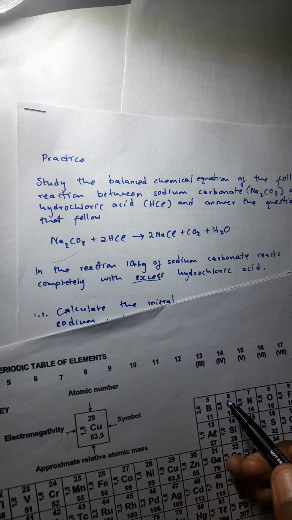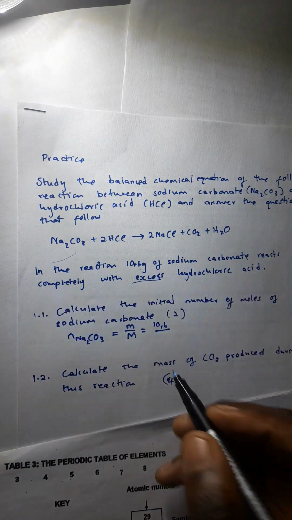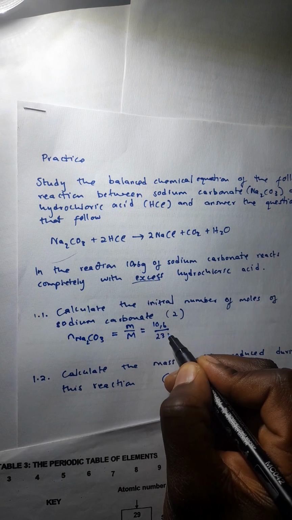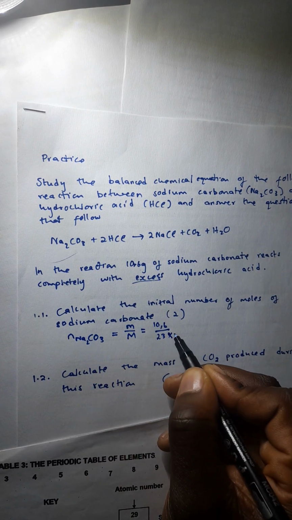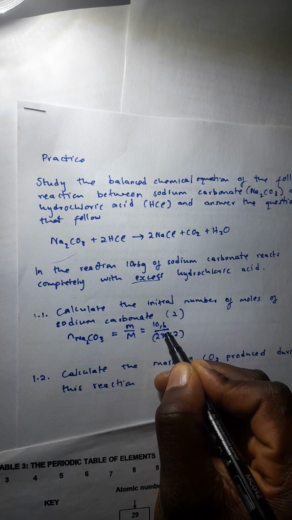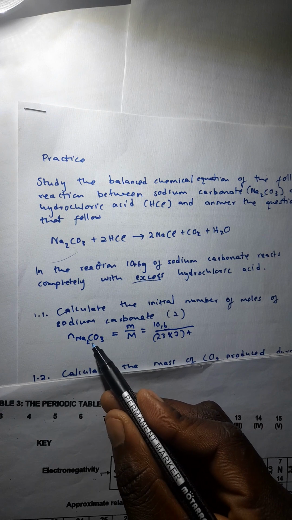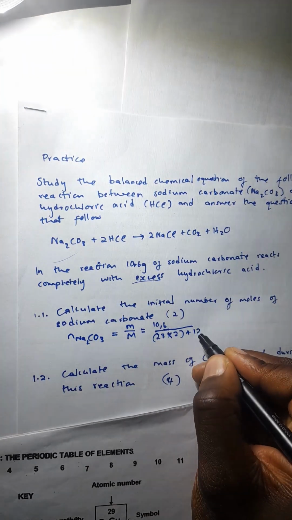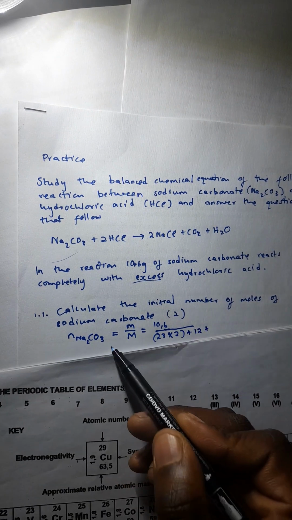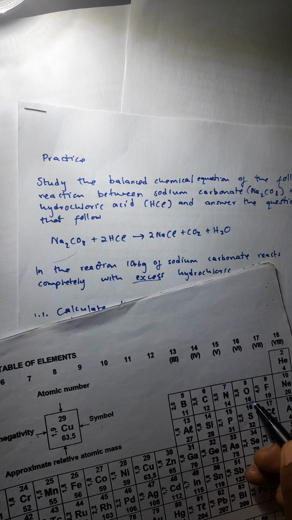We know sodium is 23, there are 2 of them, so 23 times 2, plus carbon, which we know is 12, plus how many atoms of oxygen? 3, so it's going to be 3 times 16.